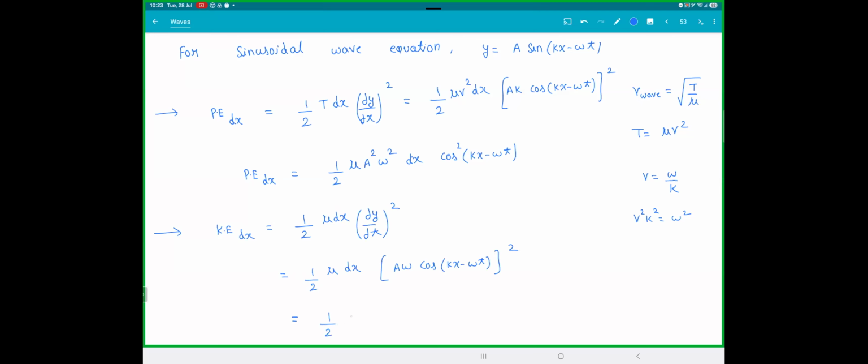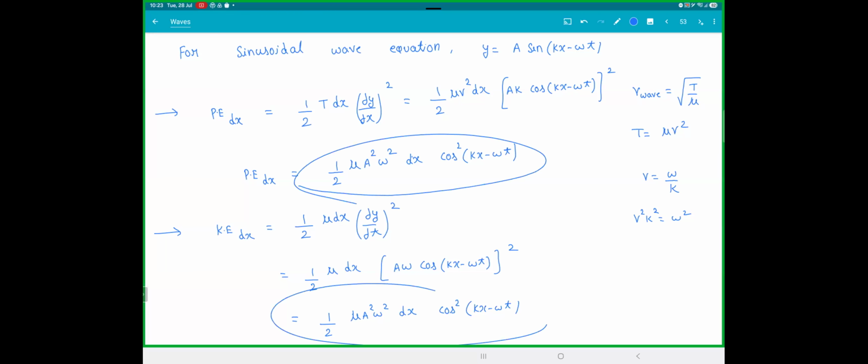Expand this and you'll observe half mu A square omega square cos square, exactly the same thing. See, the kinetic energy and the potential energy are exactly the same function. They're always equal. That's why both go to maximum and both go to minimum. This is the kinetic energy and potential energy for a sinusoidal function.